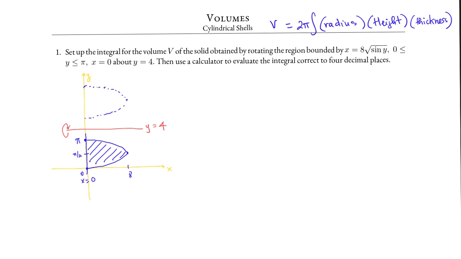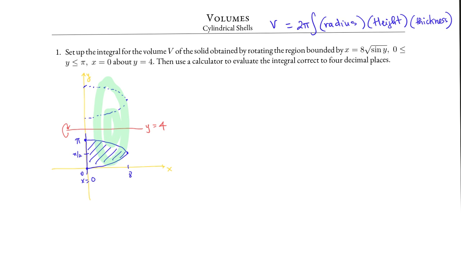If we were to use the washer method, then we would slice the solid perpendicular to the axis of rotation, which is y equals 4. We would therefore obtain an annulus. Using the washer method, the inner radius is from the axis of rotation to the curve, and the outer radius is also from the axis of rotation to the same curve.